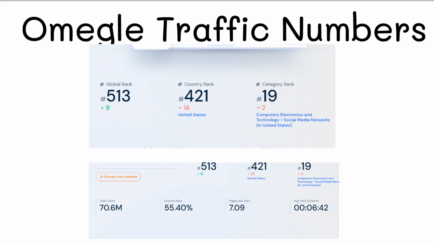You can see the total visits per month, around 70 million users visit Omegle on a regular basis to chat with each other. And the bounce rate is also impressive, 55. And the duration, you will see that each user engages with the Omegle website for 6 minutes 42 seconds. So it's very tremendous.